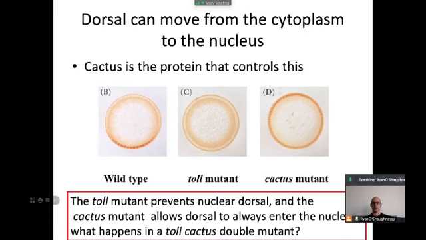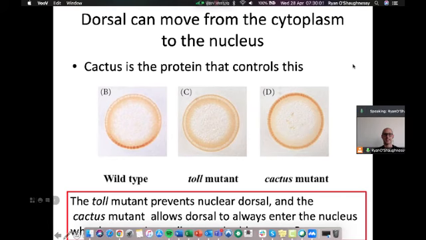And dorsal can move from the cytoplasm to the nucleus, and it's Cactus that is the protein that controls this. So here we have wild type nuclear dorsal, and in the other cells there is dorsal around, but it's confined to outside of the nucleus.